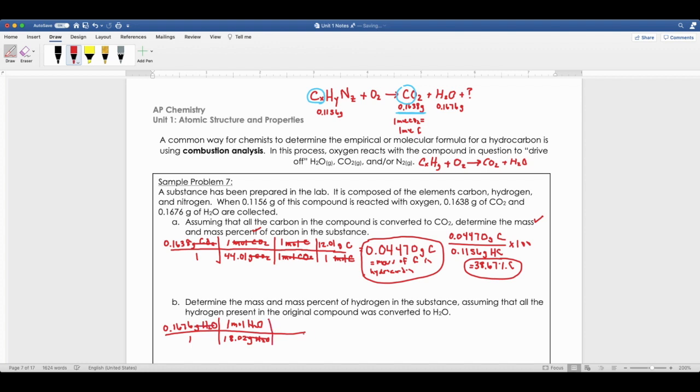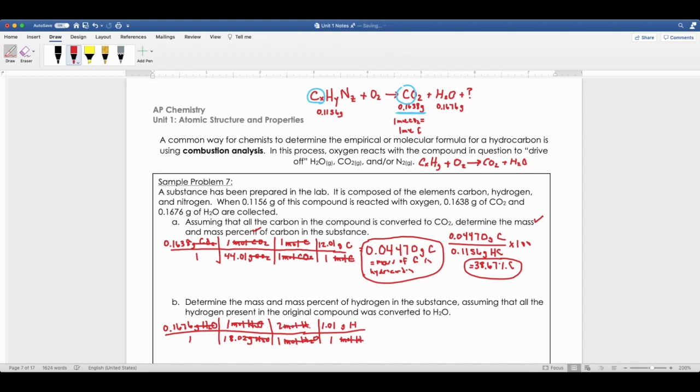Now that I'm in moles of water, let's convert it to moles of hydrogen. So 1 mole of water molecules contains 2 moles of hydrogen, because there are 2 hydrogens per 1 molecule, right? So in this case, my ratio is a 1-to-2 mole ratio. Moles of H2O cancel, so notice how we're really sticking to those units here. Whatever's up top, I'm going to bring down. Moles of hydrogen I can convert to grams of hydrogen, because 1 mole of hydrogen has a mass of 1.01 grams.